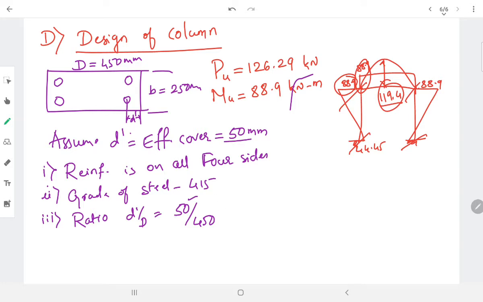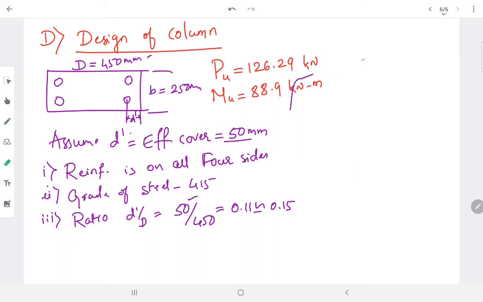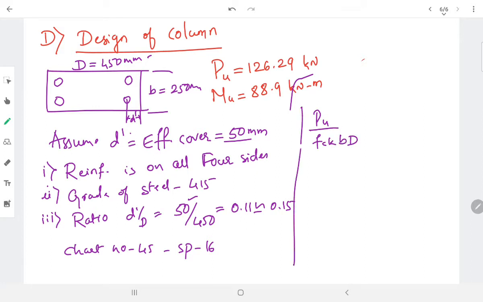So D dash by D, 50 by 450, D is 450. So it is 0.11, approximately 0.15. Referring to chart number 45 of SP16, there we'll get the ratio like this, PU upon FCK BD. So PU is 126.29 × 10^3, FCK is 20, B is 250, depth is 450.